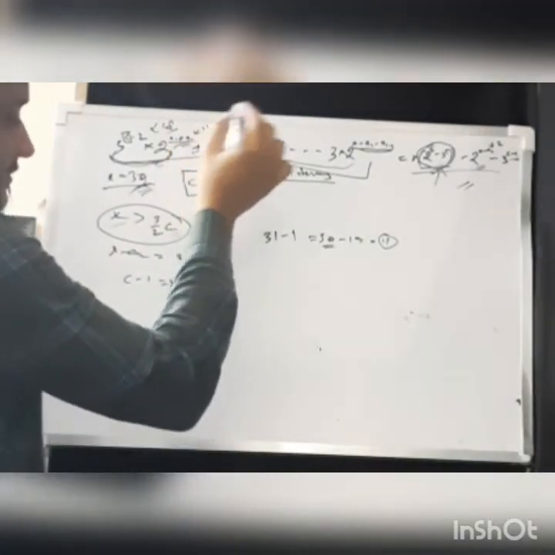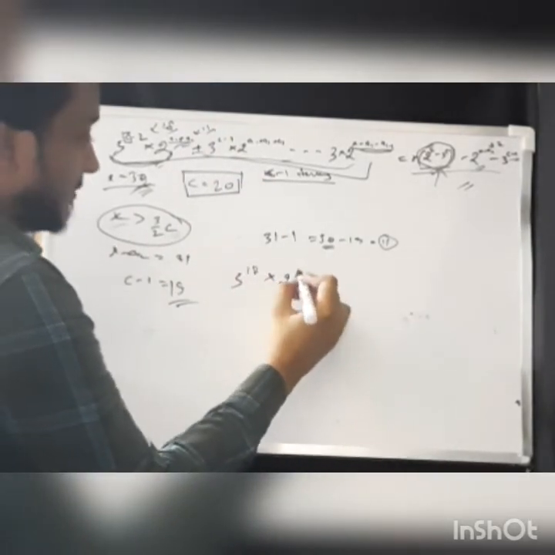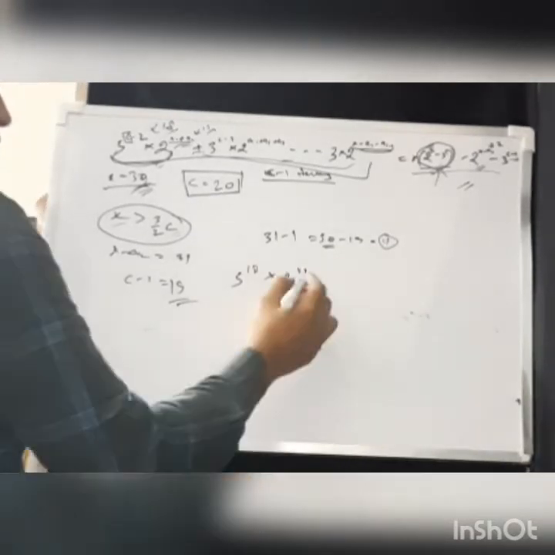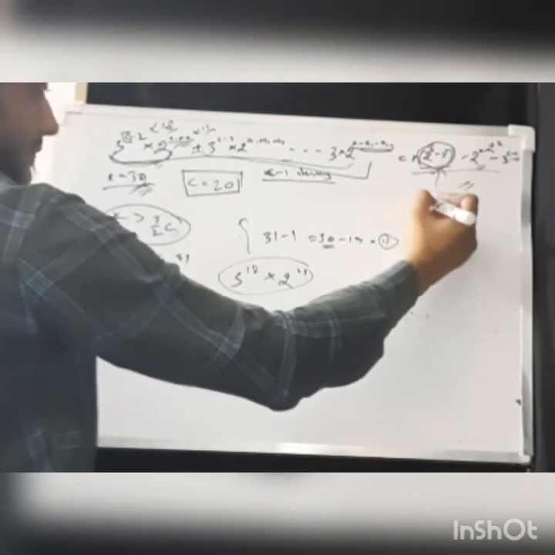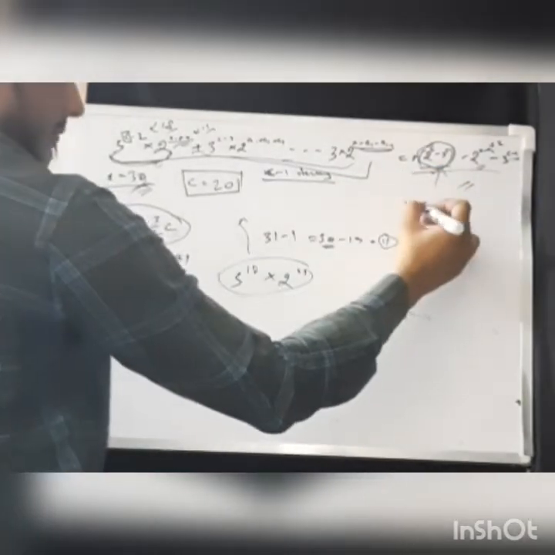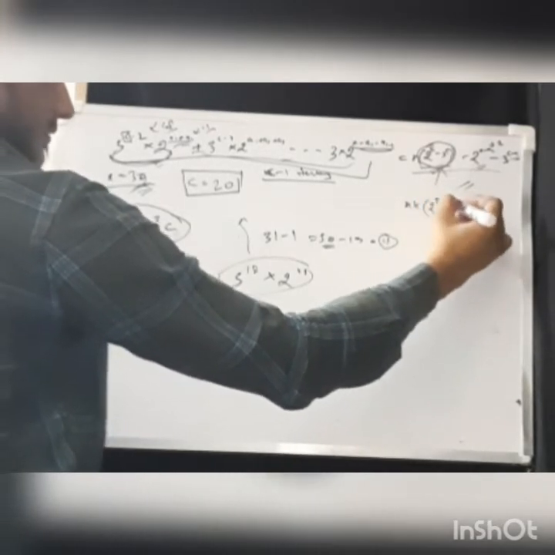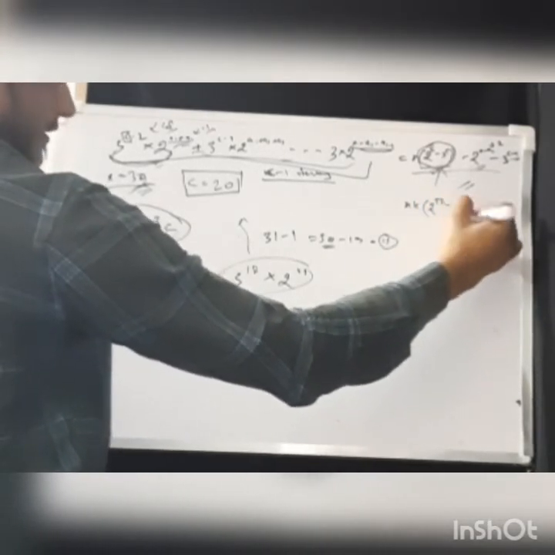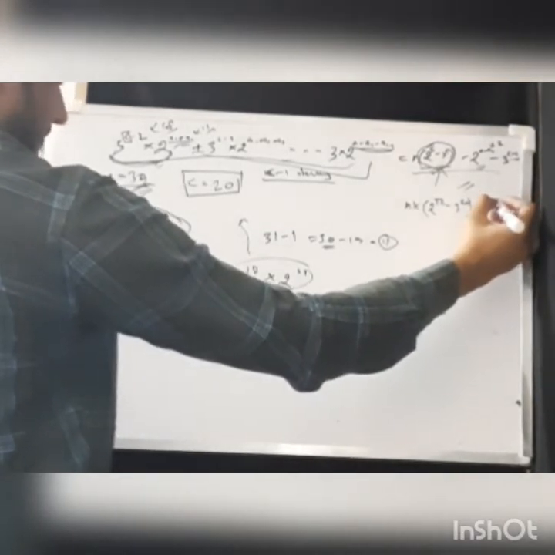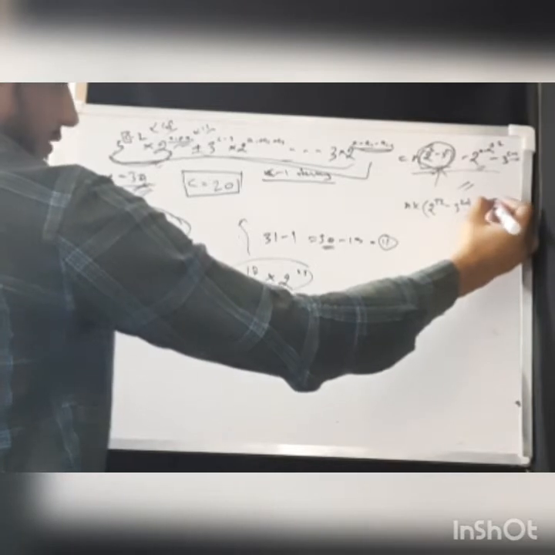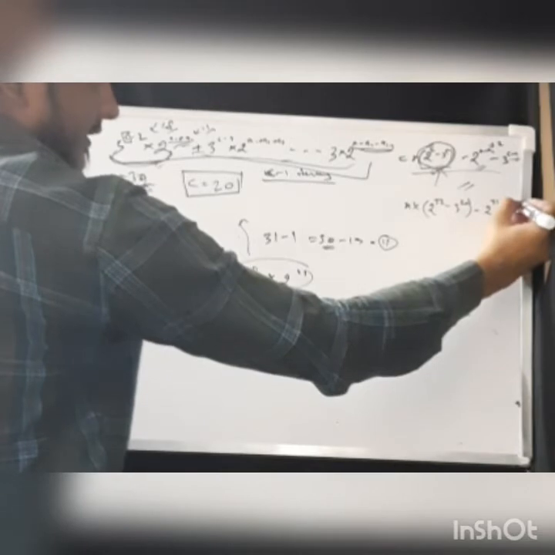Because this is not larger than 11, I have 3 to the power 18 multiplied by 2 to the power 11 on this hand, and on the other hand I have n multiplied by 2 to the power 32 minus 3 to the power 20 minus 2 to the power 31 minus 3 to the power 19.